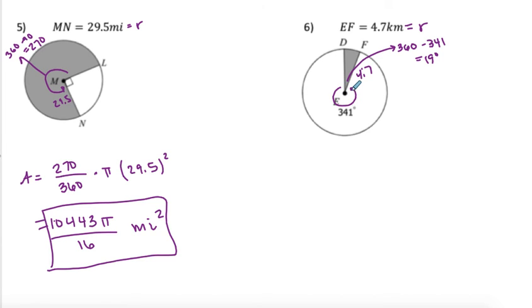So if I did the 341, that would be a significant amount of the circle. I only want, for the area, 19 out of the 360 degrees of the entire circle. So when I plug this into my calculator, notice that it gives me a long running decimal. It's because this didn't end up as nice as the 29.5, where we could convert that to a fraction. 4.7 squared is not as friendly.